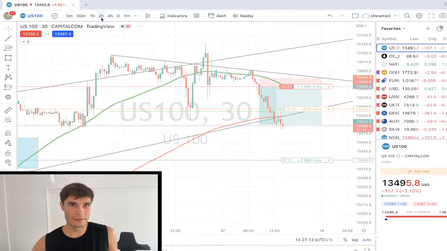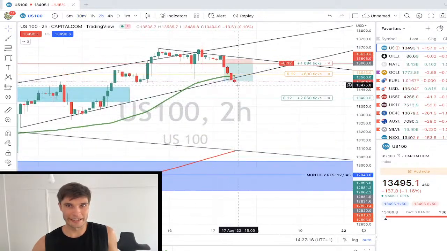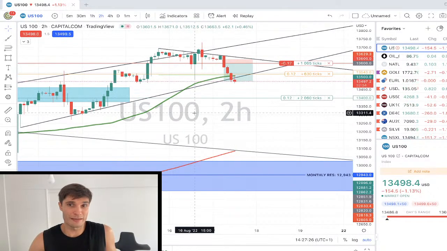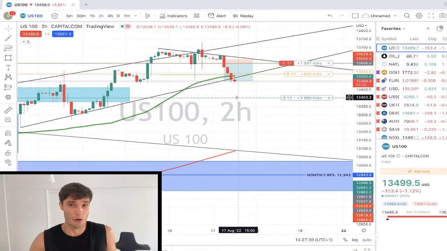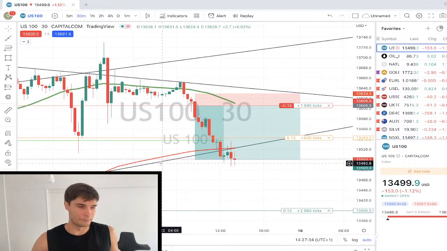If you look on the 2 hour, it's just bleeding. So when market opens, I would expect it to break this 482 level and come down to maybe even 13,300, and my take profit is 13,400.